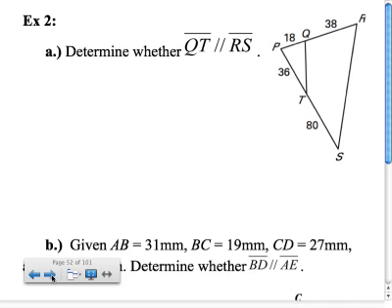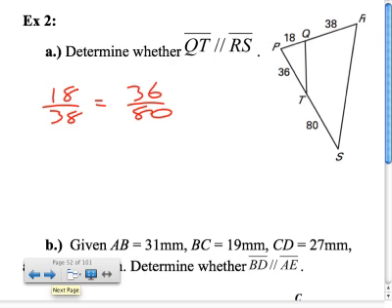Example 2, determine whether or not the two lines are parallel. Well, if they're parallel, again, it cuts it proportionally. In other words, in order for them to be parallel, 18 over 38 has to equal 36 over 80. There are a couple different ways you can do this. You can very simply reduce both sides, or you can cross multiply and see if you get the same number. It's not going to matter either way.